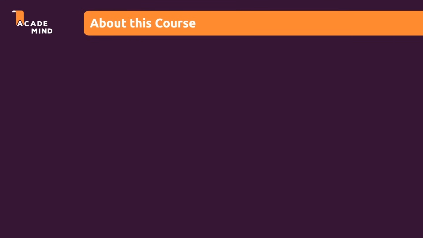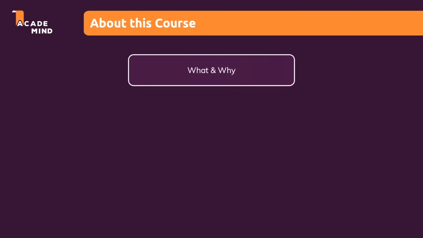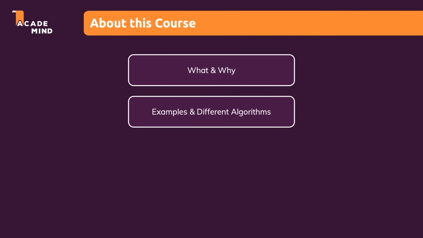Therefore, we'll of course thoroughly look at the what and why. I already gave you an introduction to algorithms, and throughout this course, we'll always come back to this key question. Why are we doing something? How does something work? What is the approach here? We'll see a bunch of examples. Just because this course isn't a practice book does not mean that we're not having a lot of examples.